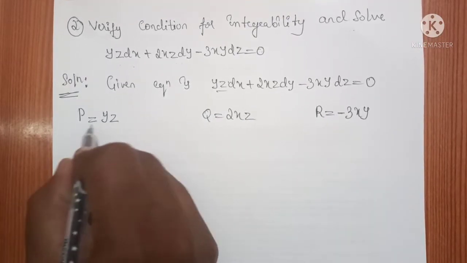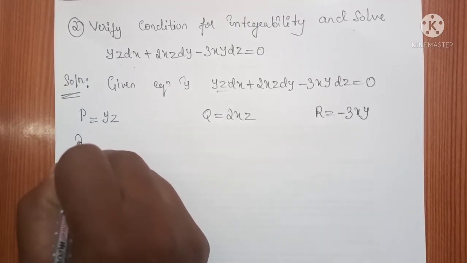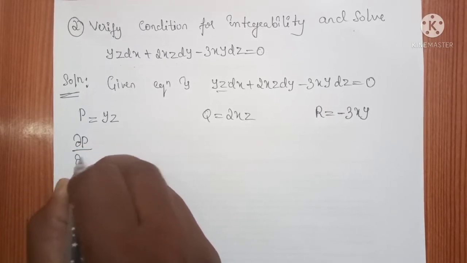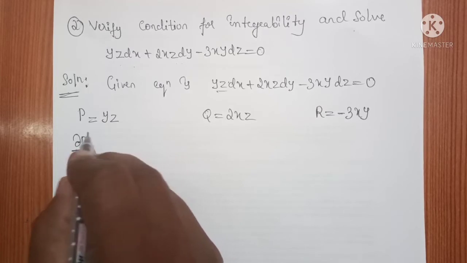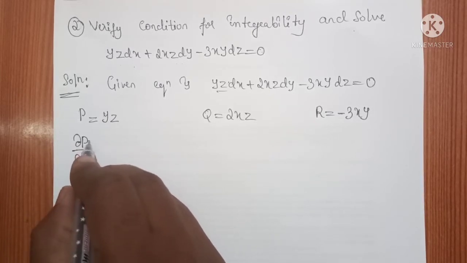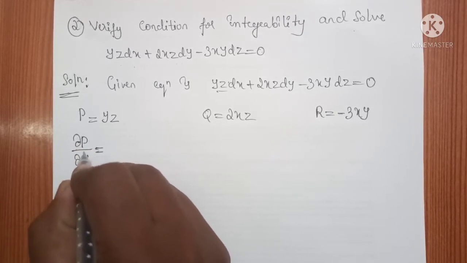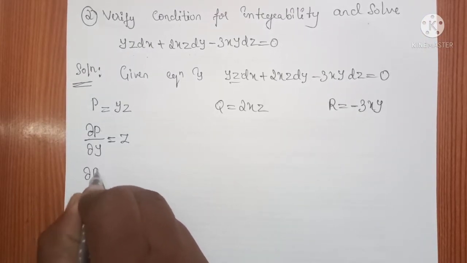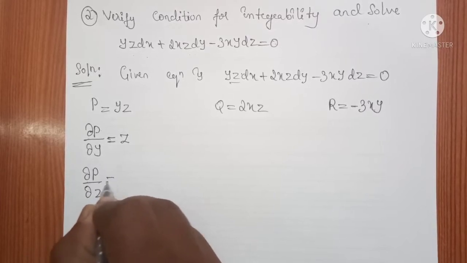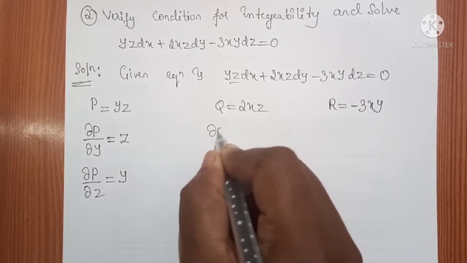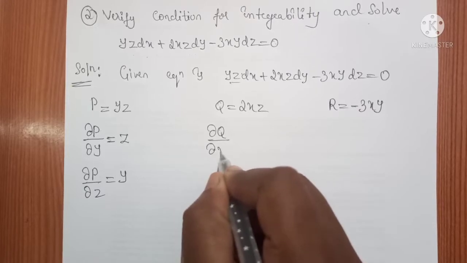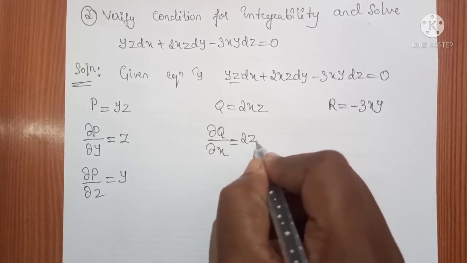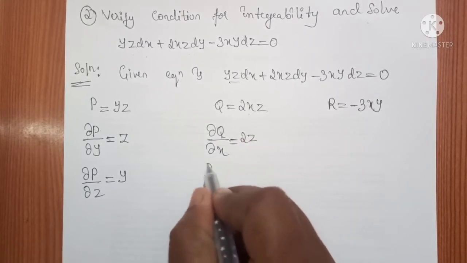Now differentiating partially with respect to x, y, z, we get dou P divided by dou y. We don't need dou P by dou x, so directly we differentiate dou P by dou y, with respect to y, its differentiation will be z. Similarly dou P by dou z will be y. And dou Q divided by dou x, differentiating with respect to x, we get 2z, being constant, x differentiation is 1.